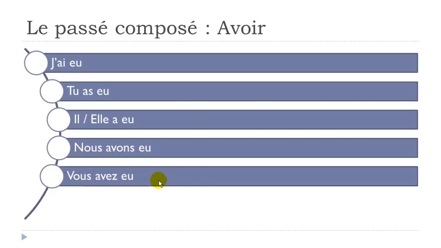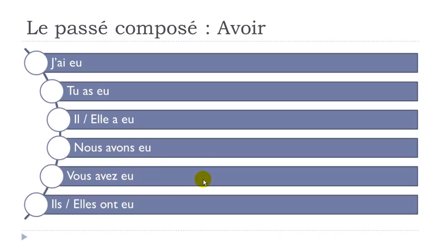Vous avez eu. Ils ont eu. Elles ont eu. Okay, so let's see them one more time. J'ai eu. Tu as eu. Il a eu. Feminine form. Elle a eu. Nous avons eu. Vous avez eu. Ils ont eu. Elles ont eu.